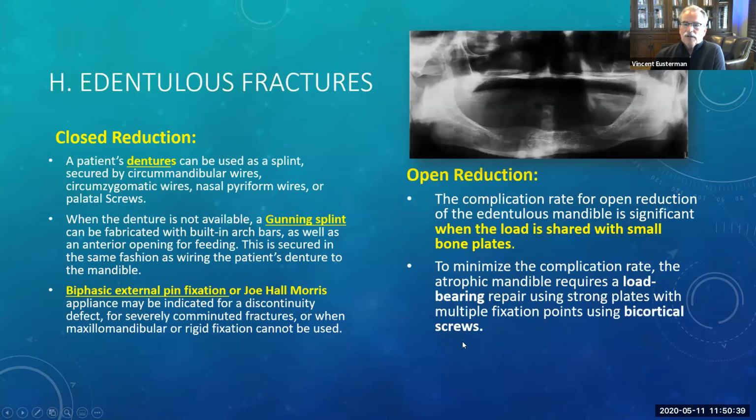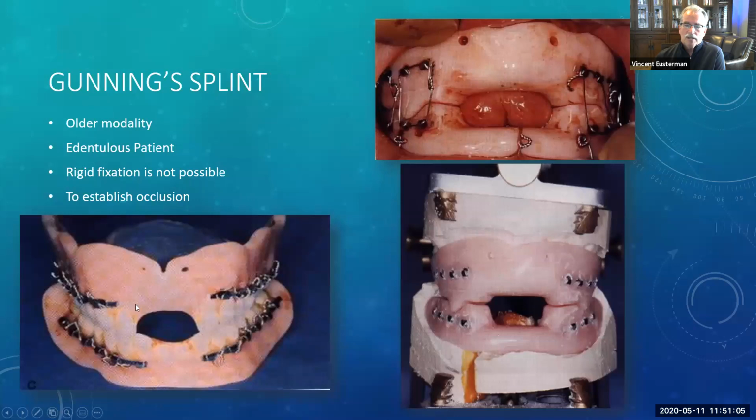As far as edentulous fractures go, just to mention that there are many ways to treat these. In the older days, splints were used, dentures or gunning splints, biphase appliances like I was just shown as an external fixator, or open reduction. When we use open reduction technique, we have to use load-bearing plates. This is a gunning splint.